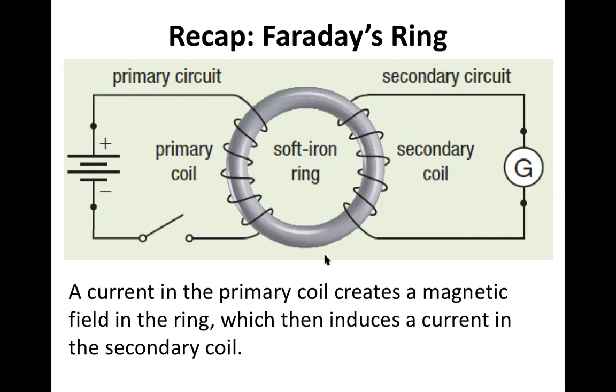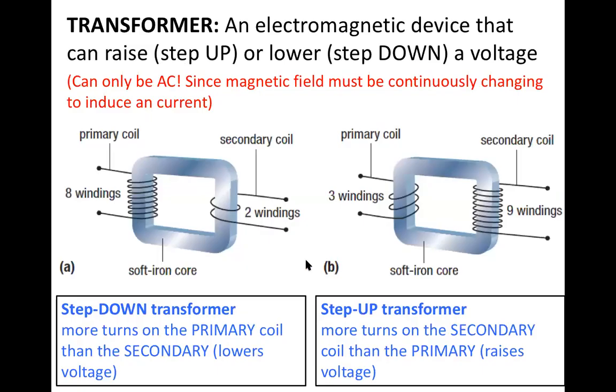And this is how a transformer works, by changing the relative number of loops on the primary circuit and the secondary circuit. So a transformer is an electromagnetic device that can raise or lower the voltage. If it raises the voltage, we call it a step-up transformer. If it lowers the voltage, we step down.